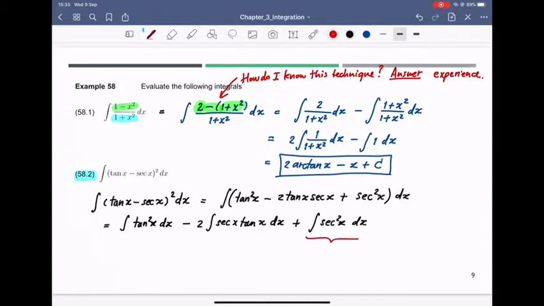Well, this term is easy. We have the formula. This term is easy. We have the formula, right? Because integrate secant square, you get back tan. Integrate secant and tangent multiplied together, you get back secant.